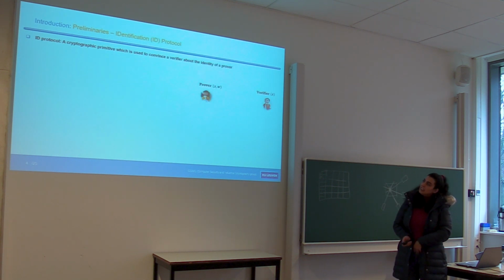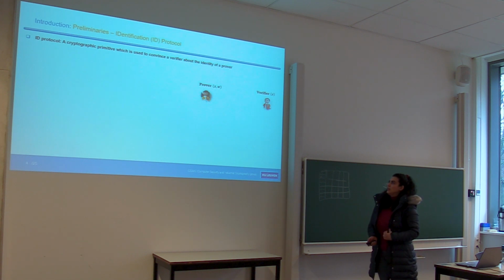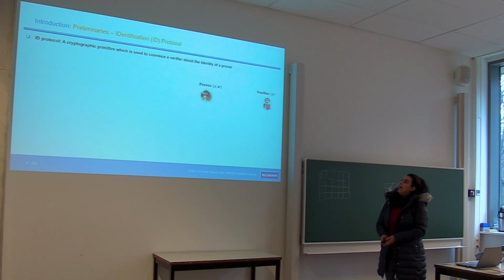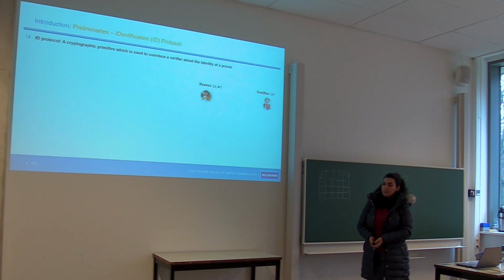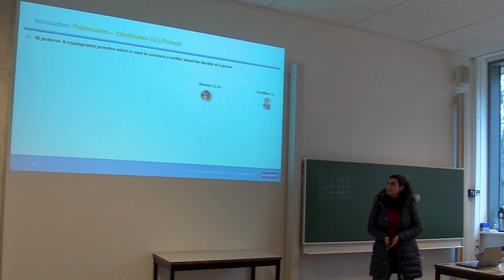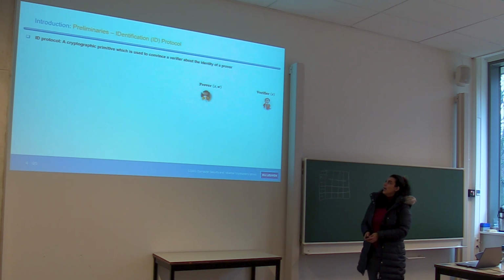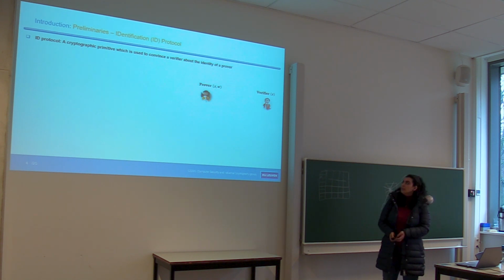About preliminaries, I should explain the ID protocol, which we will talk about more in other slides. An ID protocol is an interactive cryptographic protocol in which we have a prover and a verifier. The prover has a secret witness and a public statement, and the verifier just has this statement.